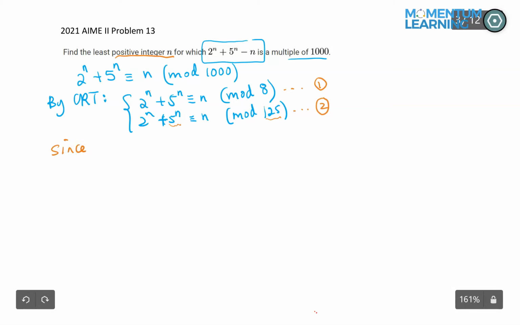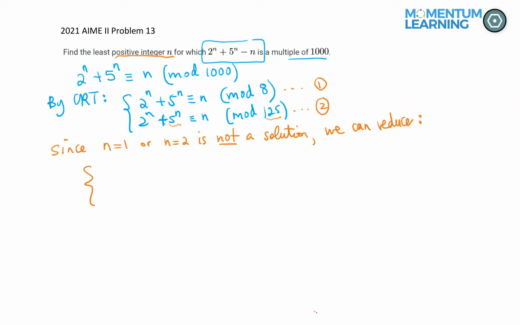So for the rest of the problem, let's write this down. Since n equals 1 or n equals 2 is not a solution, we can reduce this system of congruences in the following way. 2^n will be just 0 for n greater than or equal to 3.